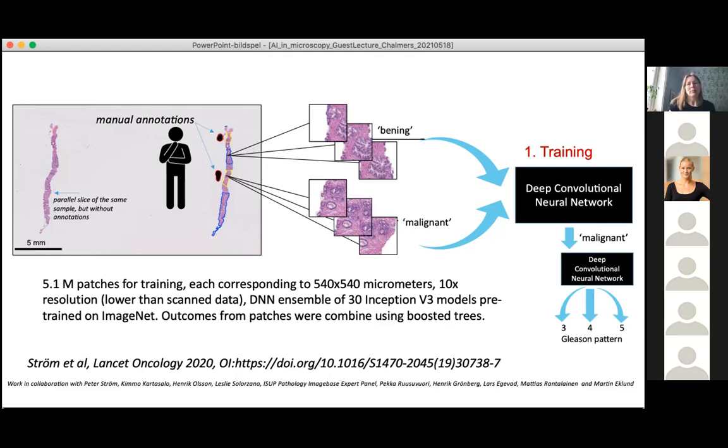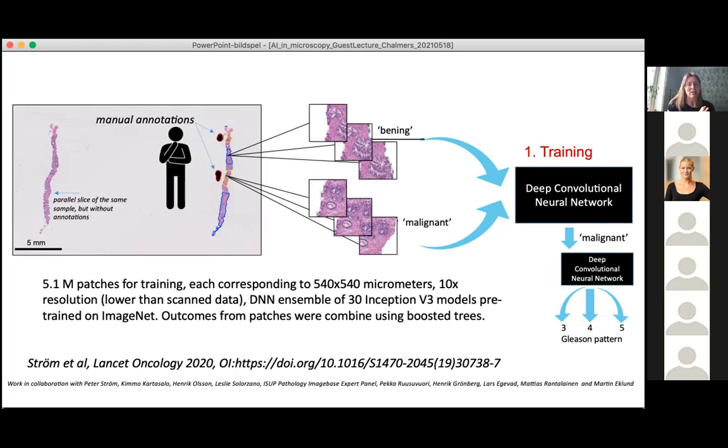And we ended up building a deep neural network ensemble, so a collection of many networks. We used the Inception V3 model that was pre-trained on ImageNet. You might want to question why you would pre-train it when you have 5.1 million patches to train, but that's where we started.